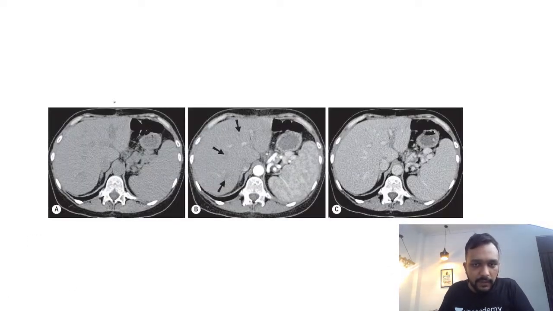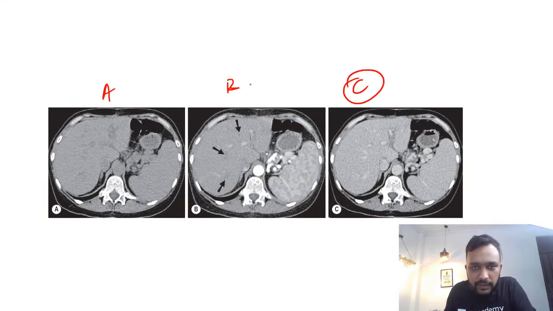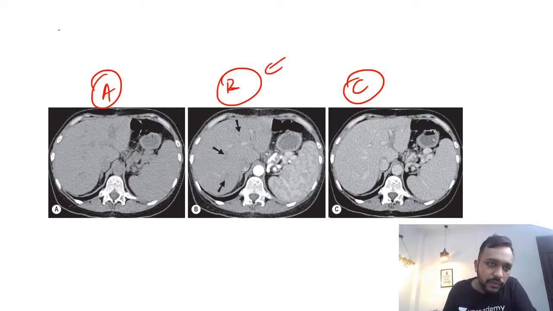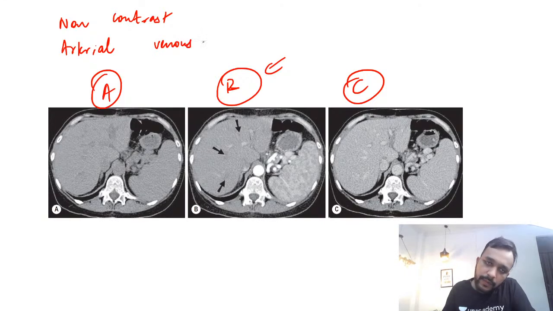I'm going to begin with these three images, right? So what you are going to do, you are going to help me identify in which phase these images have been acquired. Okay, so I'm showing you three images, A, B, C. I'm also giving you a few options: non-contrast, arterial, venous and delayed phase.